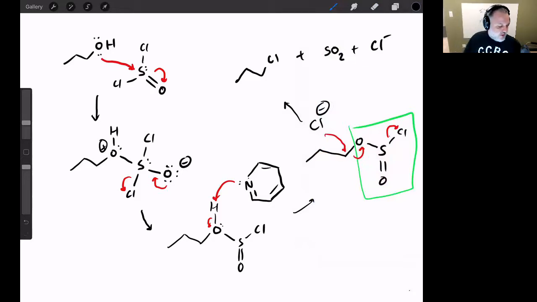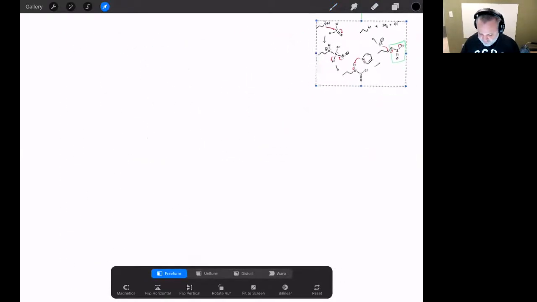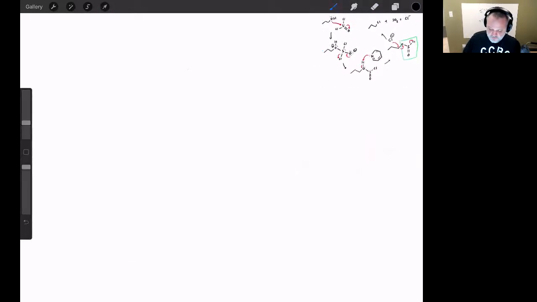Now, the mechanism for PBr3 is similar, but not quite as complicated. So if we take this reaction, and I'm going to move it over here just in the corner, hopefully it's not completely invisible, maybe we can see some of the similarities between it and the PBr3 reaction. We've got phosphorus tribromide.